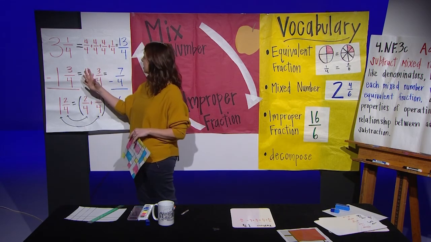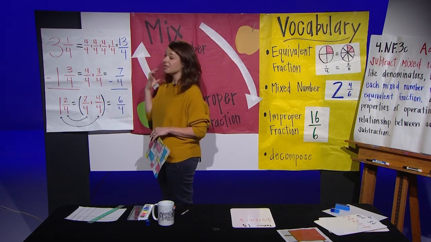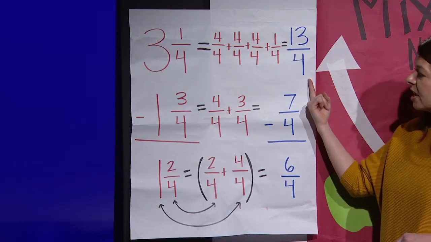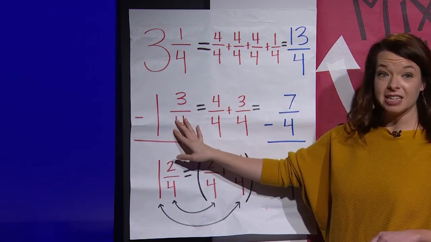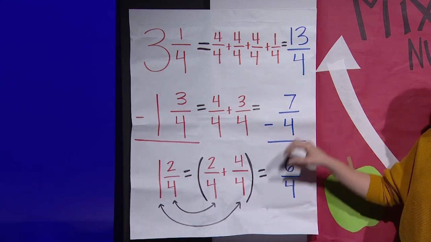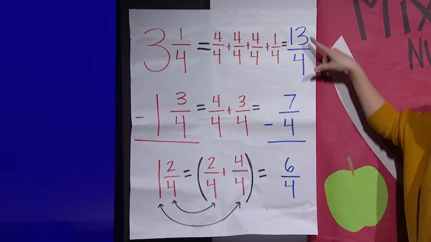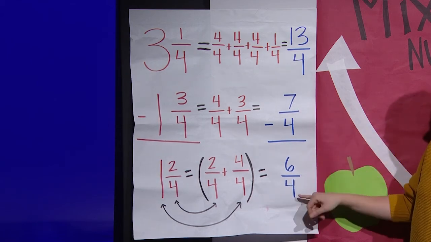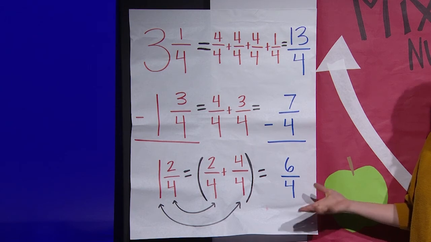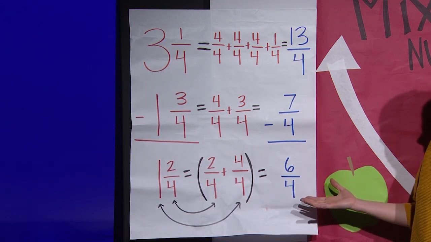So when we did this, we decomposed that fraction to make the same value to an improper fraction and got 13/4. Then we took this number, 1 3/4, we decomposed it to the same value and got 7/4. And now we can subtract, because 13 minus 7 is 6 with a denominator of 4, so our answer is 6/4. All we did was regroup by going from mixed to improper, improper to mixed.